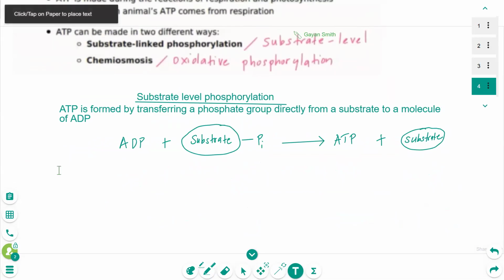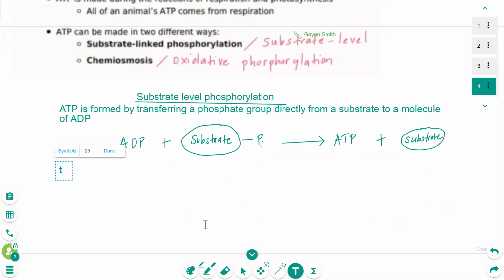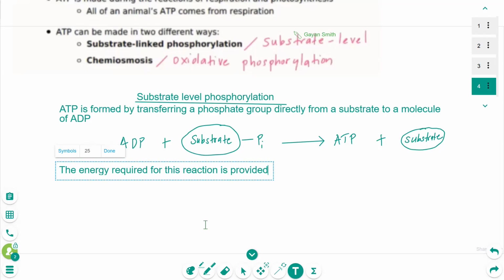So the energy to make the ATP this way for this reaction is provided directly by another reaction.